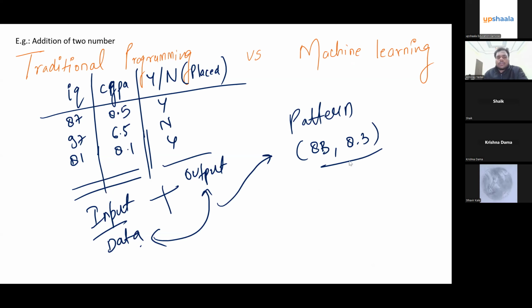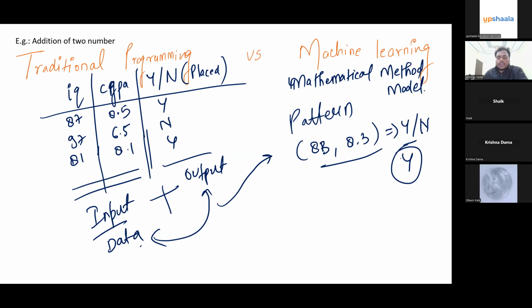We will see how it forms a pattern, just like a mathematical model, or mathematical method. On behalf of that, it will predict whether the student is placed or not. So let's assume it is placed; it will give you the result, yes. So this is the difference between traditional programming and machine learning.